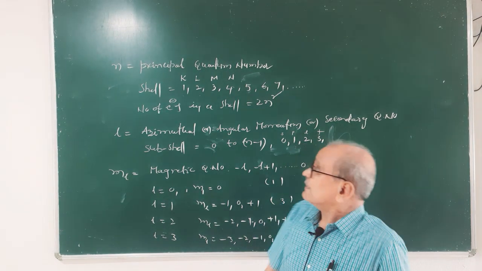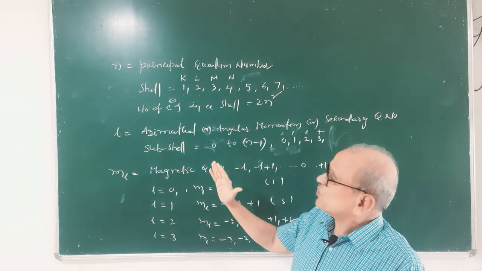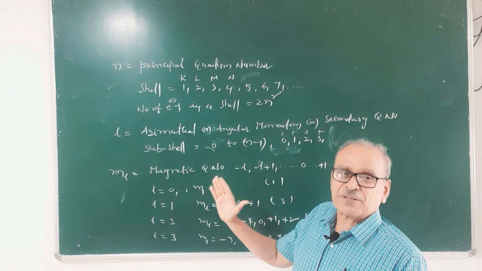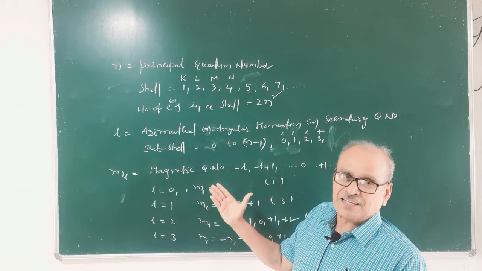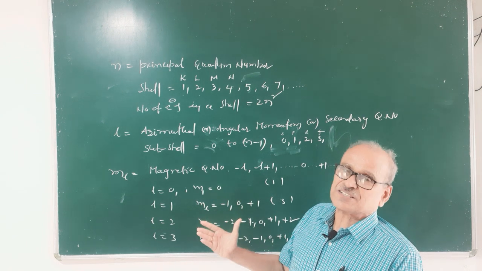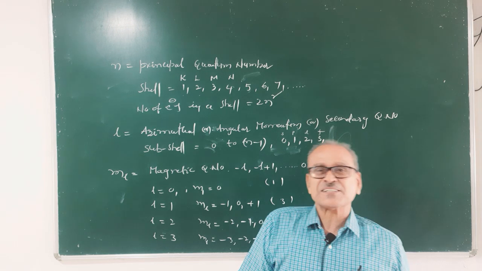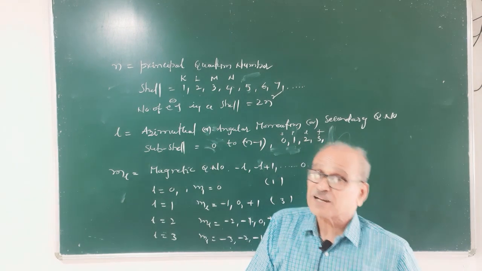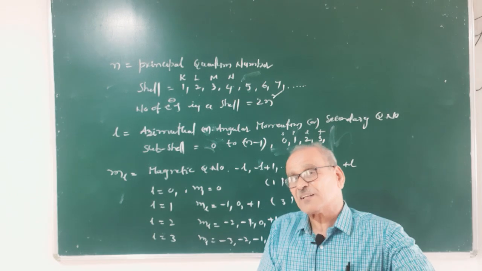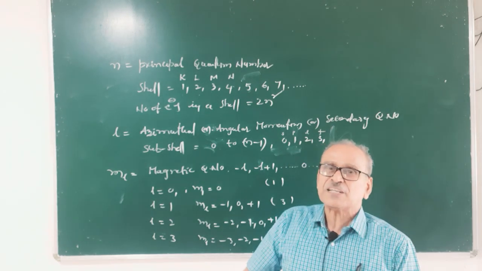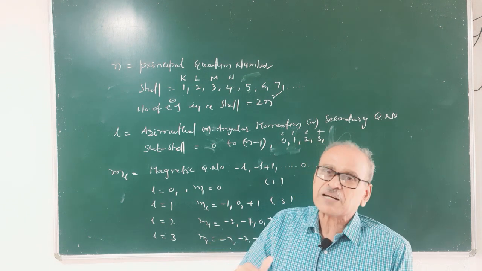Now, if n is equal to 2, we have 2 sublevels 0 and 1. 0 represents the s orbital and 1 represents the p orbital. The p orbital contour is a dumbbell having 2 lobes. One lobe contains a plus sign, the other lobe contains a minus sign. We represent these shapes in our next video, but presently you imagine the 2 lobes having plus and minus signs.